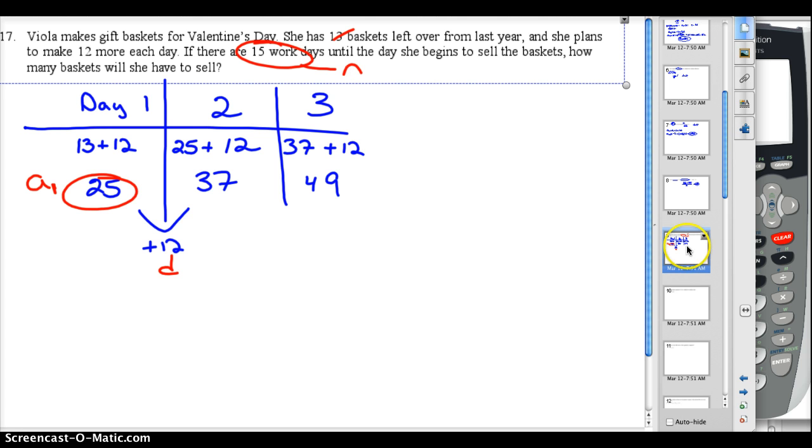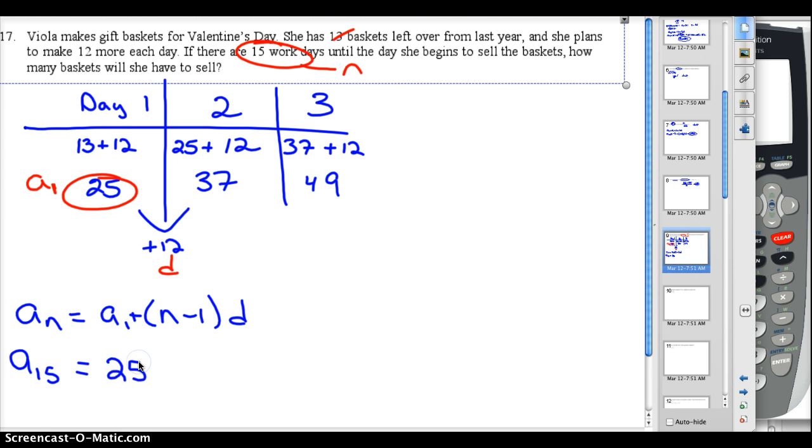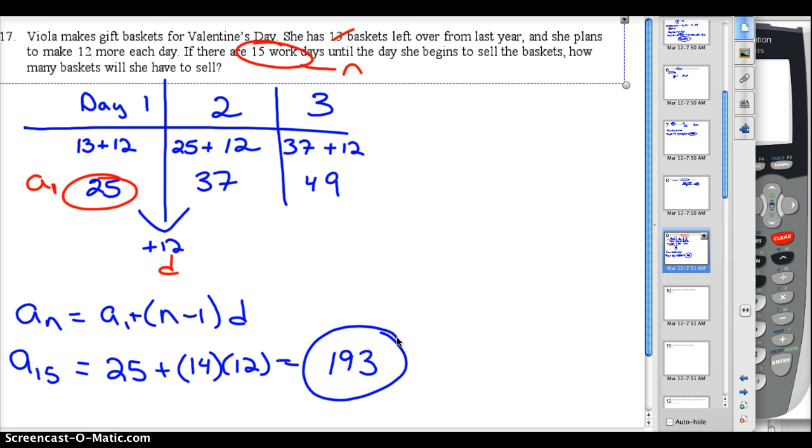So we have an arithmetic sequence. We need our explicit formula because we have one term. So I'm just going to write it again. So on the 15th day, she'll have A1 plus n minus 1, 15 minus 1, times 12, and that comes out to 193.